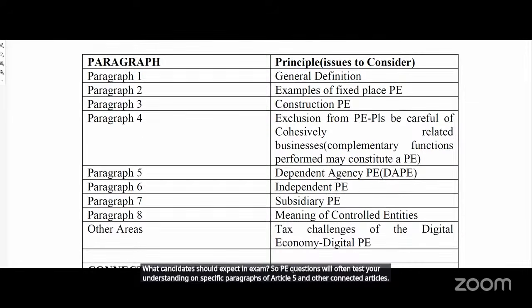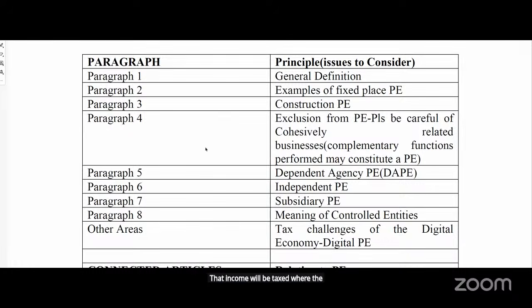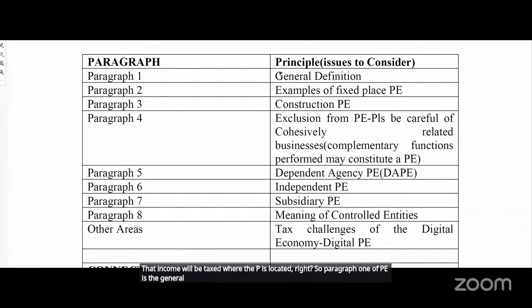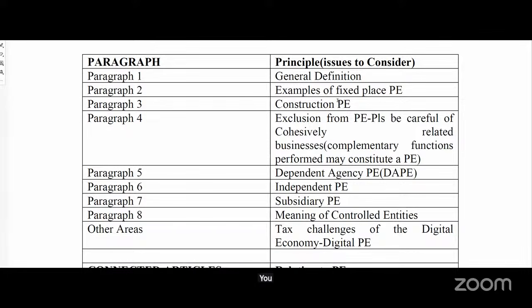So as I told you, so far as any article is connected to PE, that income will be taxed where the PE is located. Paragraph 1 of PE is the general definition. A question can just come on paragraph 1. Paragraph 2 gives examples of fixed place PE, so you should know office, branch, place of management, all those things.